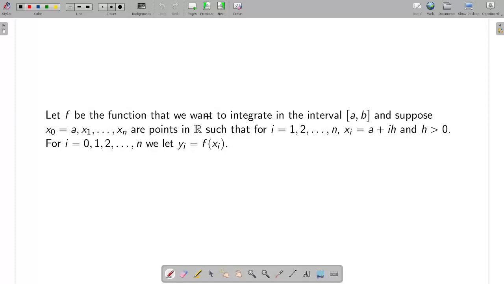So suppose we are given a function that we want to integrate over the interval a comma b, and x0 equals a, x1 up to xn are points in R which are equally spaced, in this manner, that is xi is equal to a plus ih, and for any i equals 0 to n, we let yi be f of xi, f of these points x0, x1 up to xn.